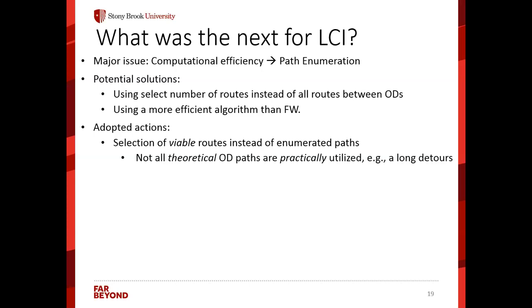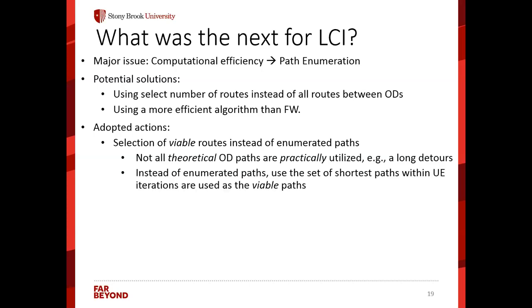So starting from this, how do we decide that a path is viable so that we can look at only the links on those paths? We looked at user equilibrium iterations, and we tracked the shortest paths during those iterations, because what happens in user equilibrium is it assigns demand to a certain path.